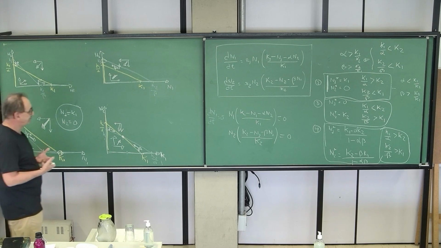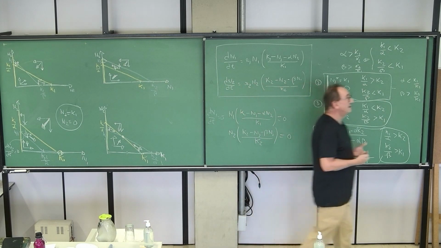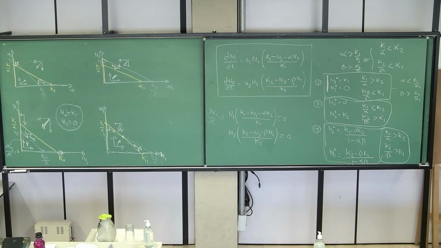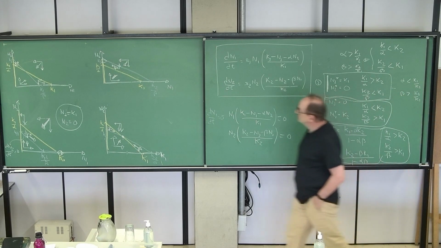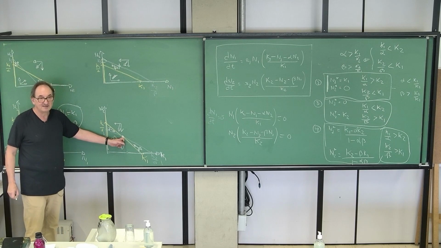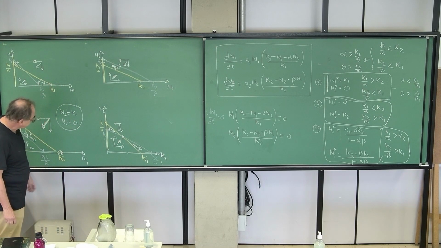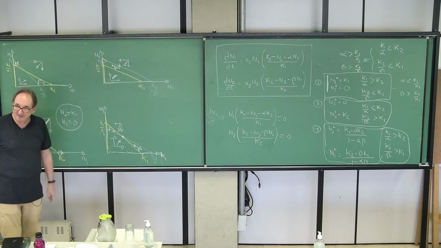And the result is that only when you have very weak competition, then this fixed point here, which corresponds to this plot, is stable. Otherwise, you always have competitive elimination.